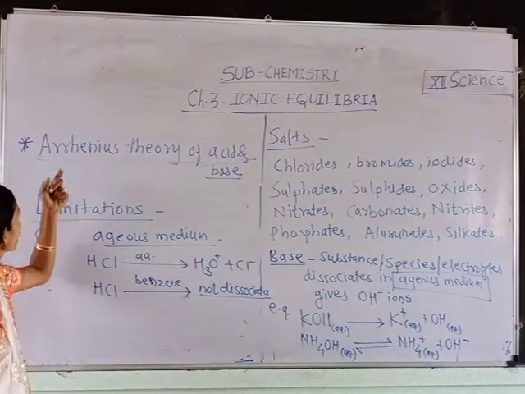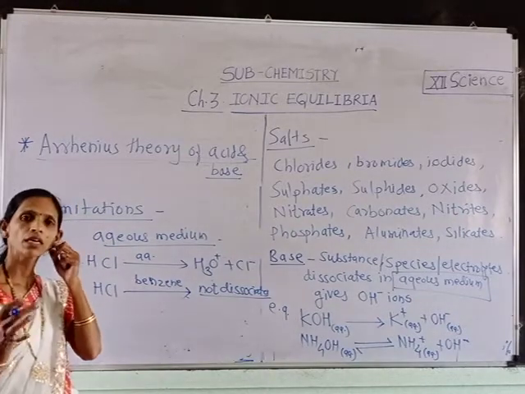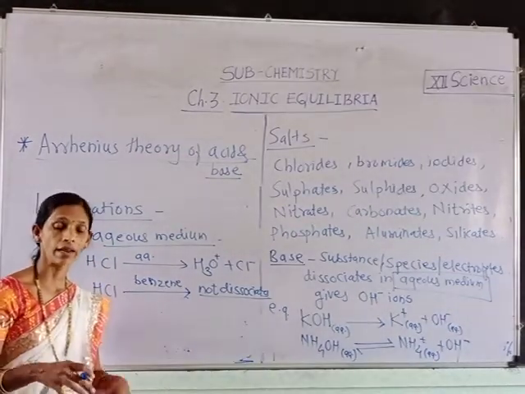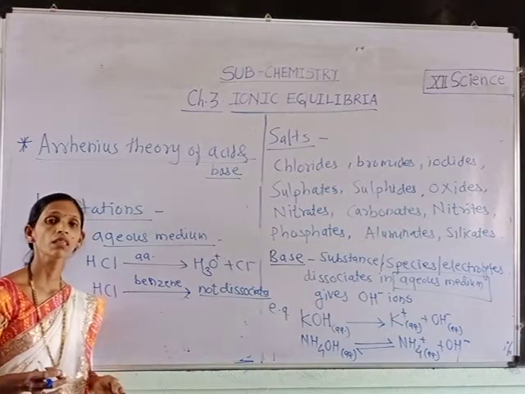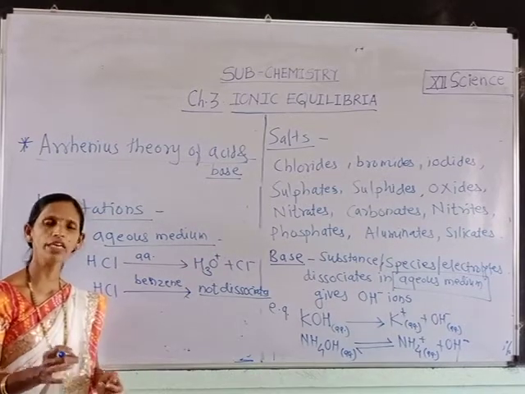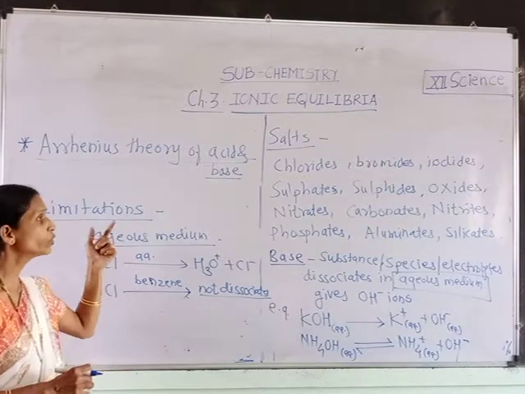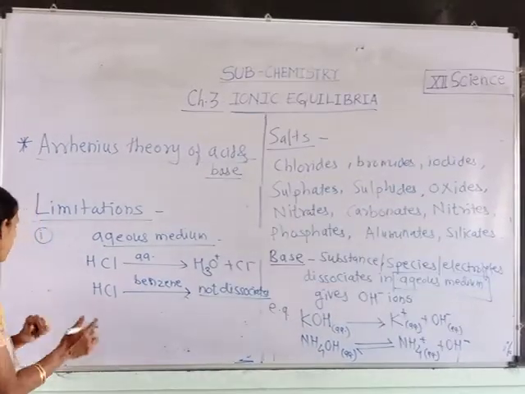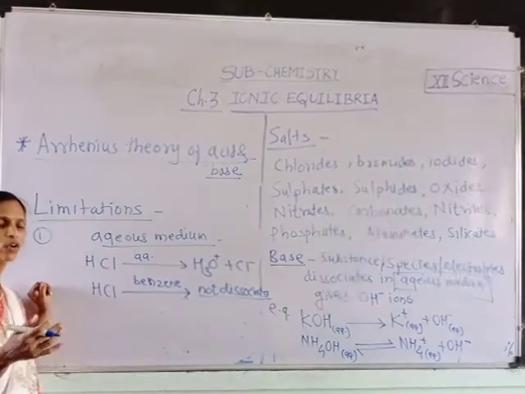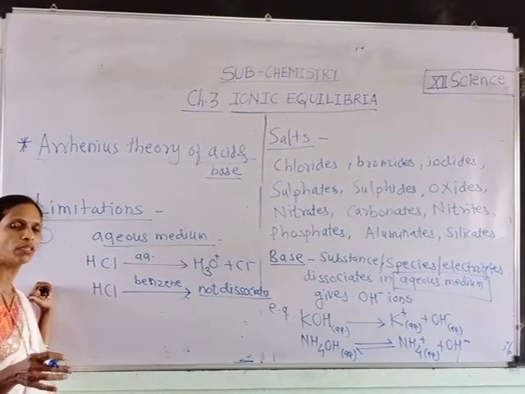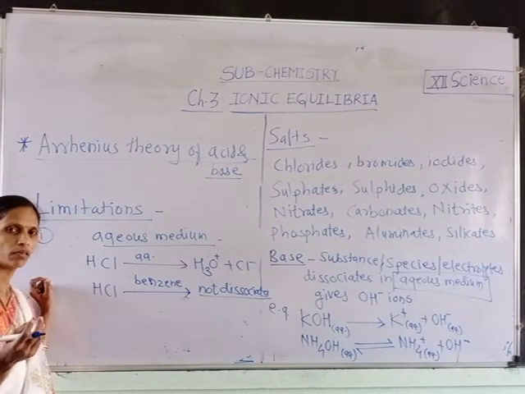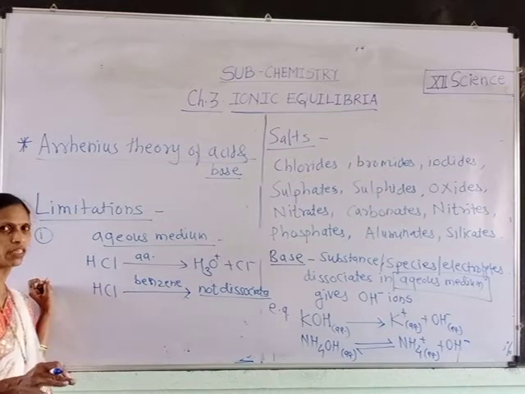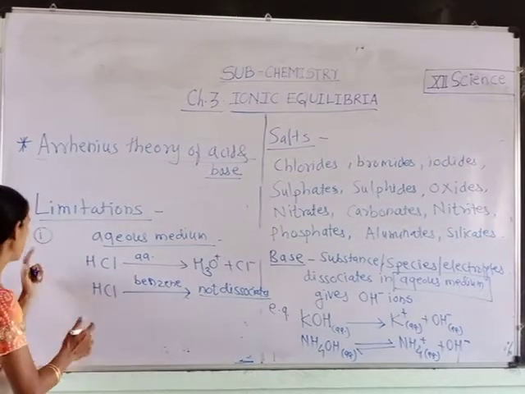Therefore, according to Arrhenius theory, acids and bases are explained in only aqueous medium. Only aqueous medium is considered to determine whether a substance is acid or base. In other media, he cannot explain the nature of the substance, whether it is acid or base.